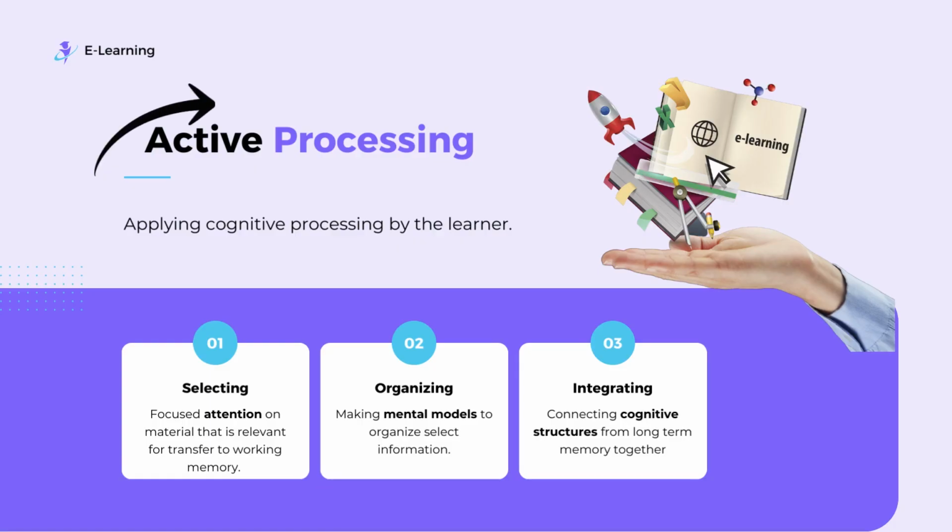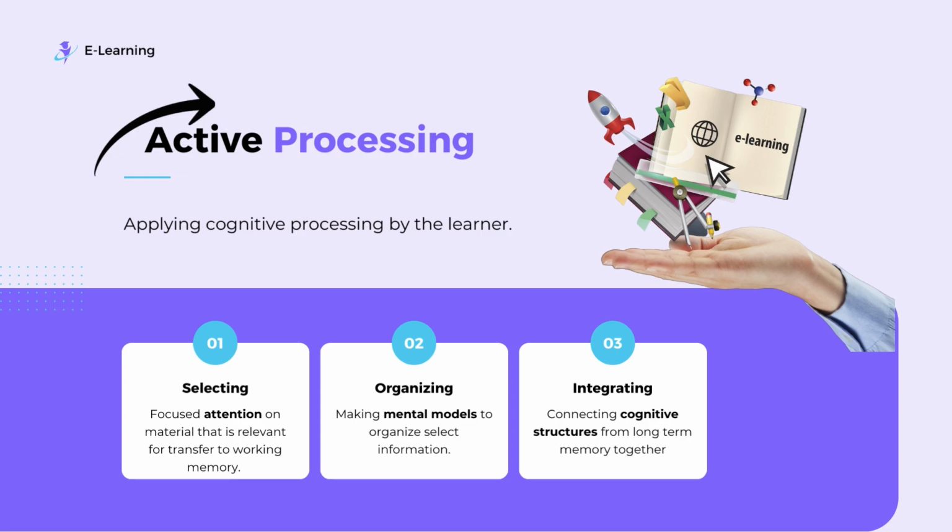So, how can we look at this active processing when we gain attention and students are engaged through multimedia tools and theories? Well, we really think about the idea of this active cognitive processing in three ways. Number one, selecting, where the attention is focused on the material. So students aren't thinking on multiple things, confusing them and making the task difficult.